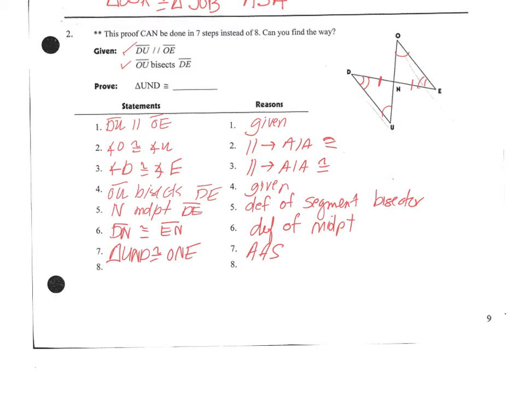Now, you might have thought, if gone all the way to step 3, another way to look at this problem is just to use this first piece of given information, and then instead of going the route of looking at the segment bisector, you could say that we have vertical angles in here, and we could say that angle 1 and angle 2 are vertical angles by the definition of a vertical angle.